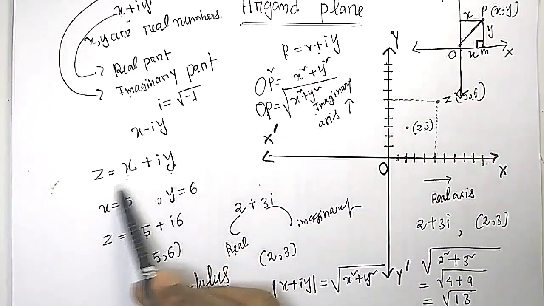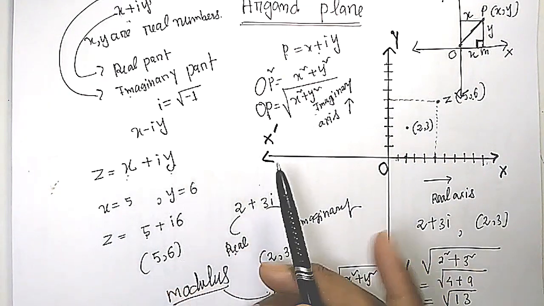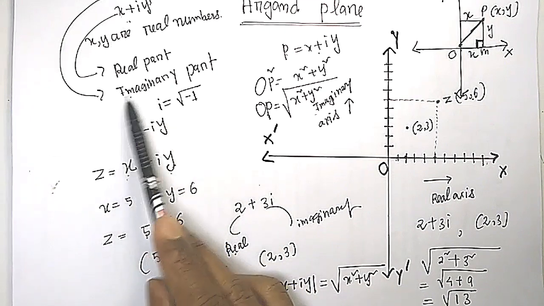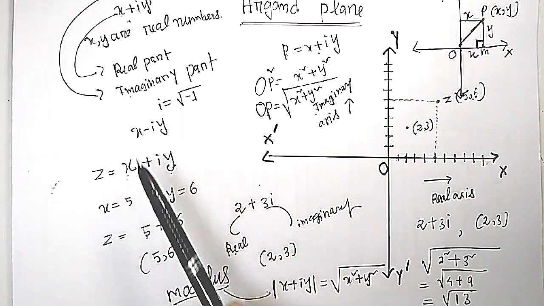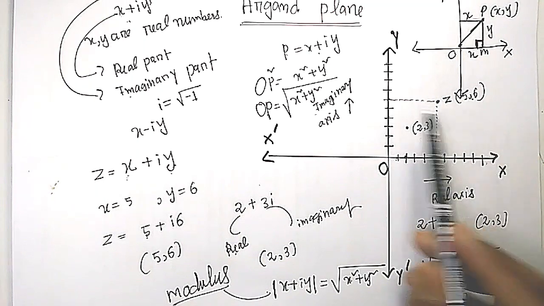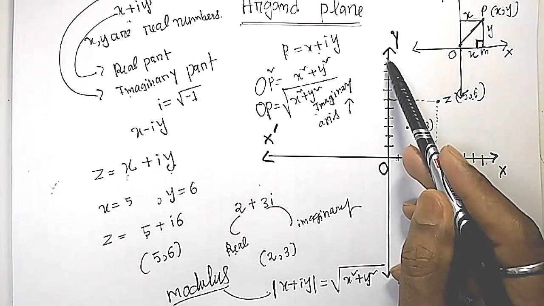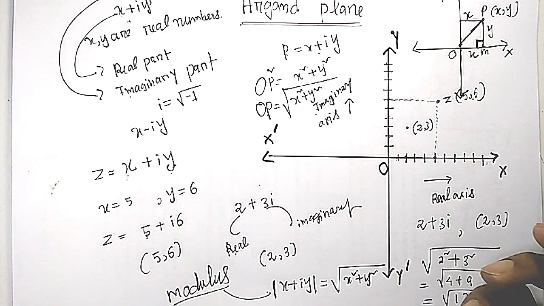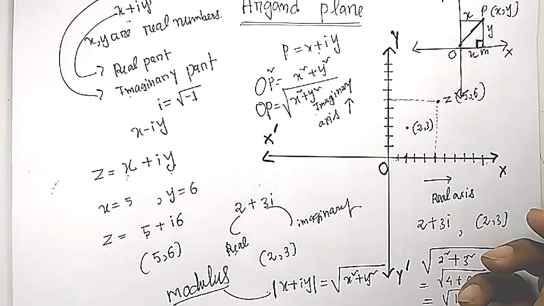In any complex number there are two parts: one is the real part, another is the imaginary part. The real part we represent along the real axis, and the imaginary part along the imaginary axis. This is the key point you should remember.